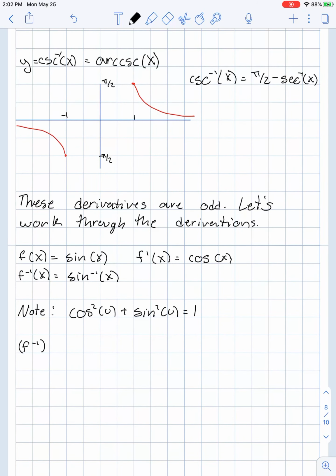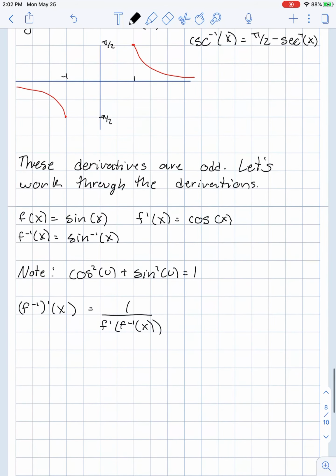So f inverse prime equals 1 over f prime of f inverse of x. Okay?